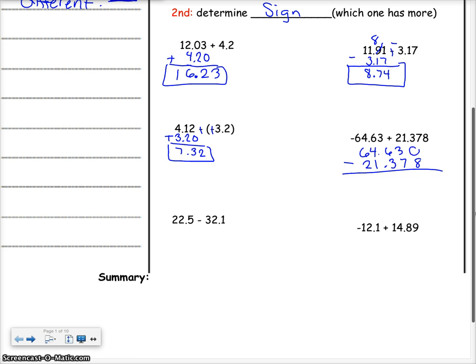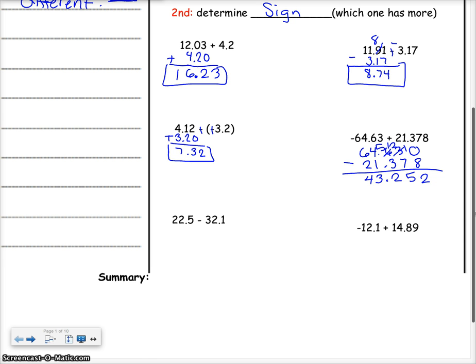I'm going to add a placeholder 0 above the 8. And then I'm just going to start borrowing. Again, you go right to left. So I'm going to borrow 1 from the 3. Now I got to borrow 1 from the 6. 2, decimal, 3, 4. So 43.252.